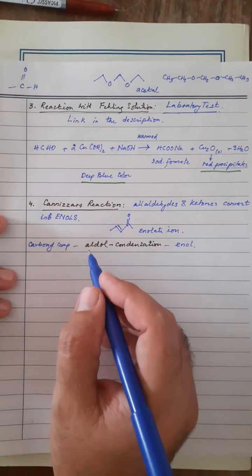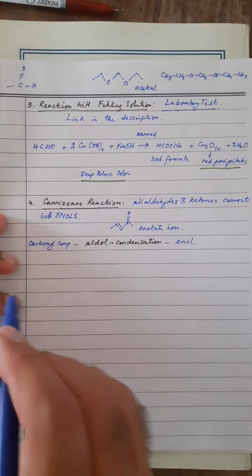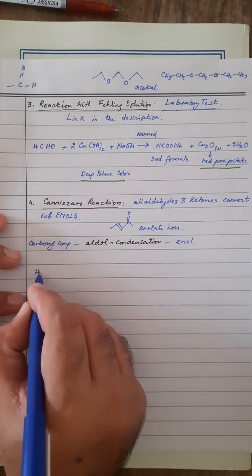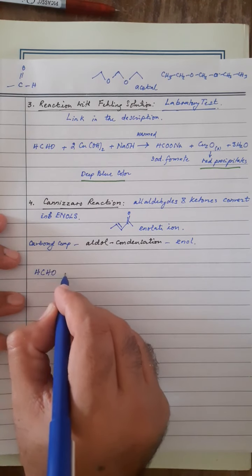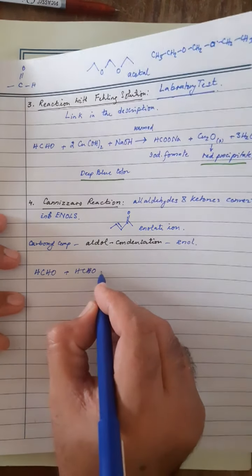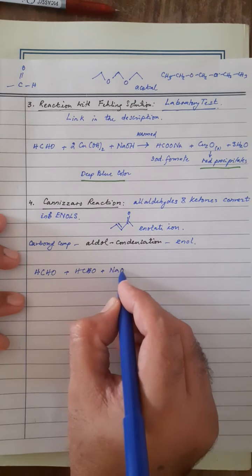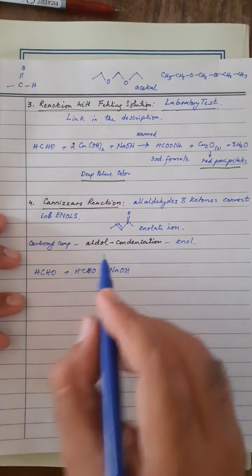However, Stanislao Cannizzaro found that if we treat formaldehyde with HO, NaOH, a strong base, there are two molecules of formaldehyde, both are formaldehyde.